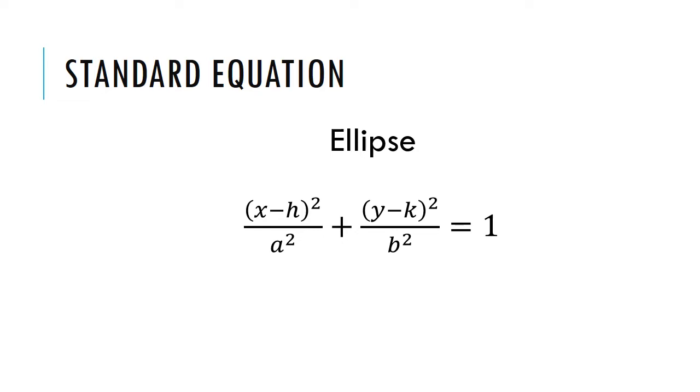So for now, let's not be bothered by the letters, the variables or constants a, b, h, and k, because in the succeeding discussions, we are going to talk about each conic section. So we will know what these variables or constants are for. For now, what we are required to know is to learn these standard equations which are specific to each type of conic section.